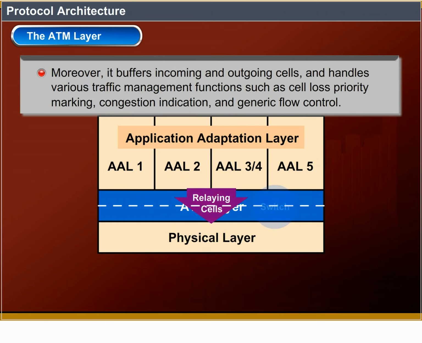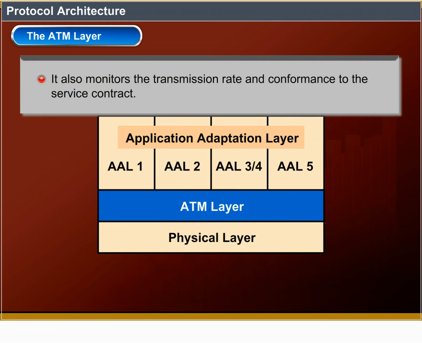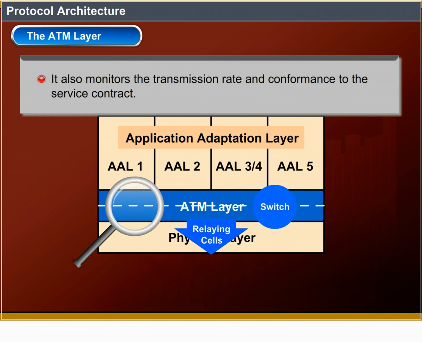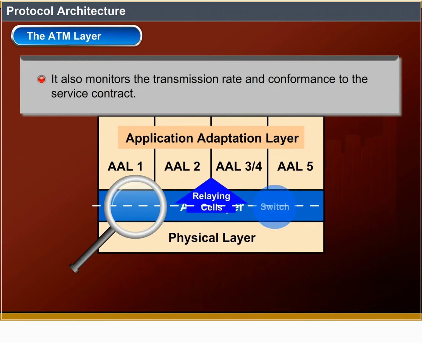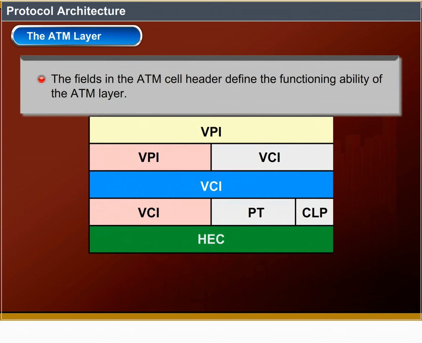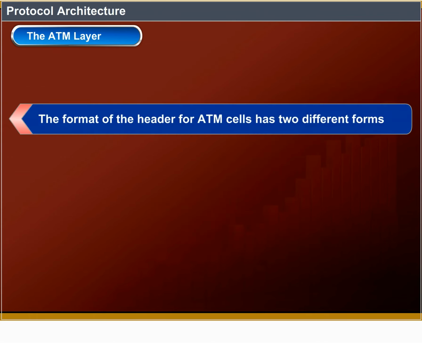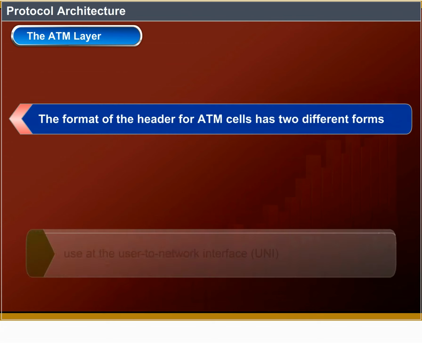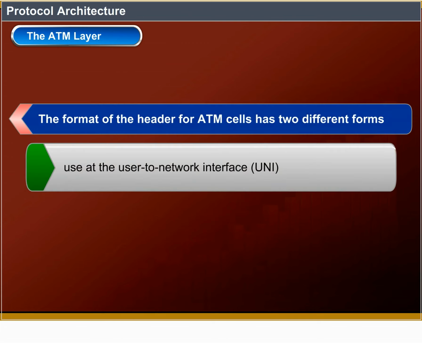The ATM user network interface (UNI) signaling specification version 4.1 was standardized in 2002. At the UNI, the header dedicates 4 bits to a function called generic flow control (GFC), which was originally designed to control the amount of traffic entering the network. This allows the UNI to limit the amount of data entering the network during periods of congestion.